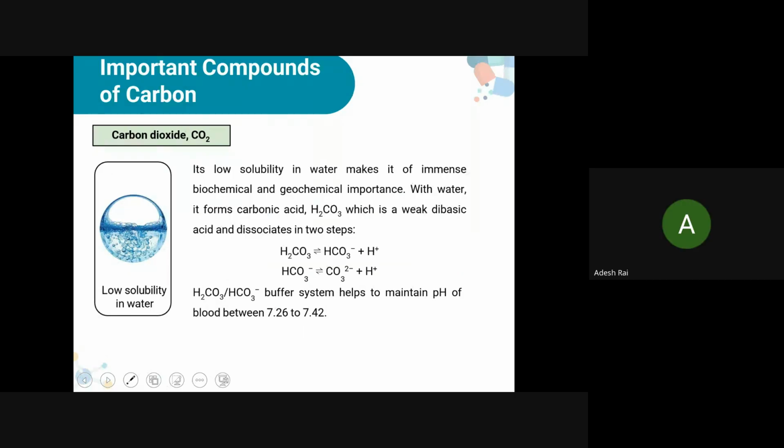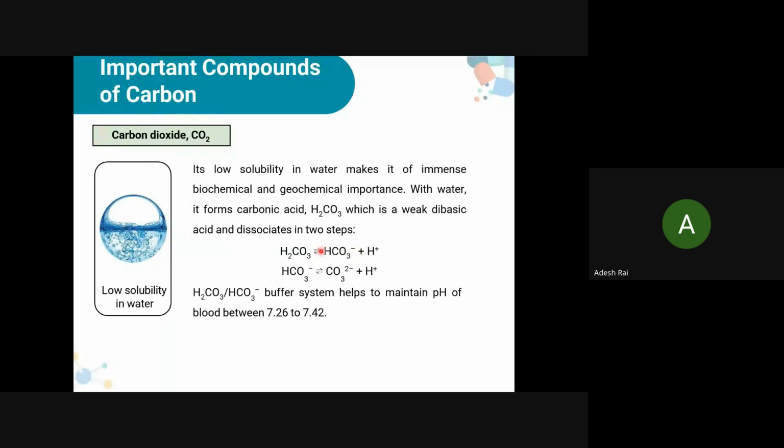Now, low solubility in water. Carbon dioxide is low soluble in water, which makes it of immense biochemical and geochemical importance. With water, it forms carbonic acid, which is a weak dibasic acid and dissociates in two steps. We all know that carbonic acid is nothing but H2O plus CO2. Is that clear? So H2CO3 is a weak acid and it's a diprotic acid.